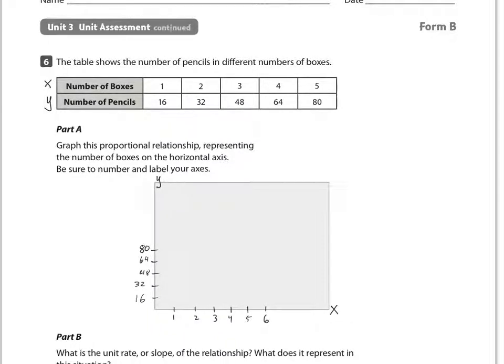And then after, you're just going to do a line. And that's pretty much it for part A.